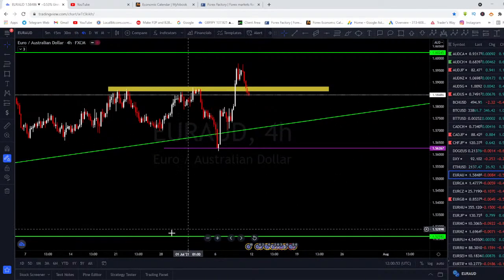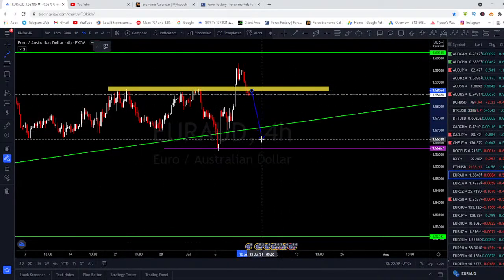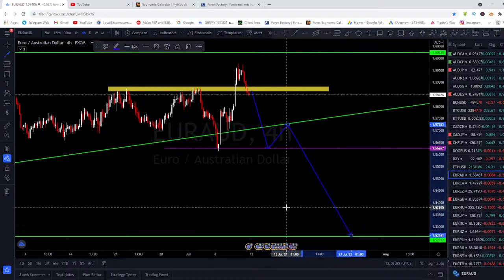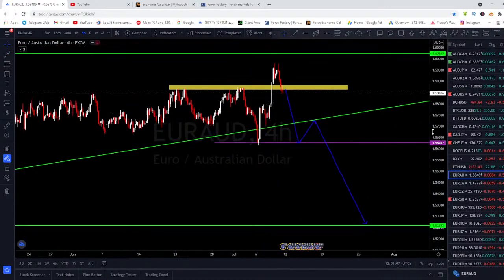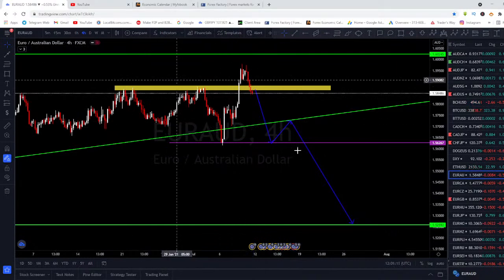That's what is going to happen on this, guys. Let me just predict it so I can explain what I'm saying. It will do something like this, go for a retracement, boom, before it goes back down to the downside. So this is what I'm saying on Euro AUD, guys.